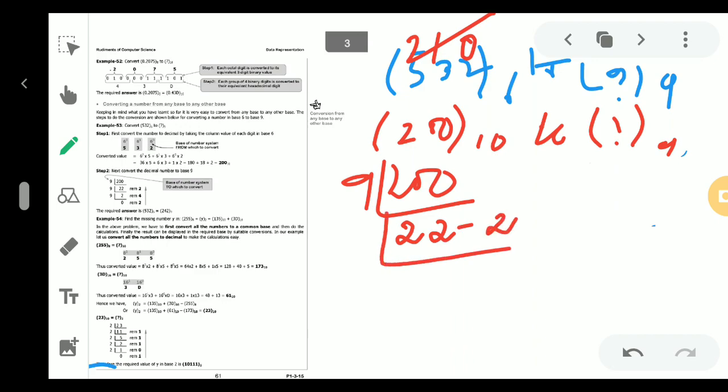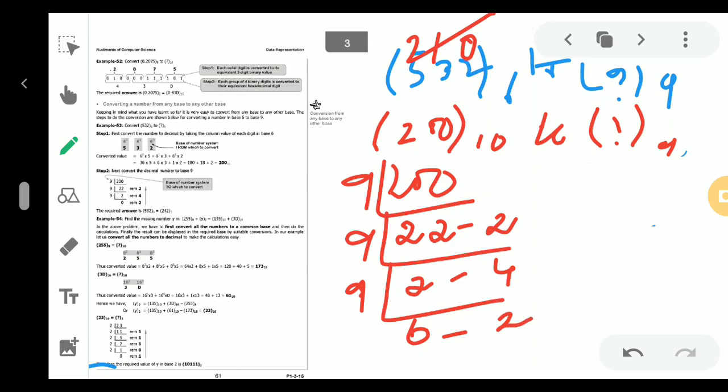Again I am dividing by 9. Again we can give 2, 18, so 22 minus 18, the remainder is 4. Still 0 is not coming, so I am dividing by 9. 2 cannot be divided by 9, so the quotient becomes 0 and the remainder 2.